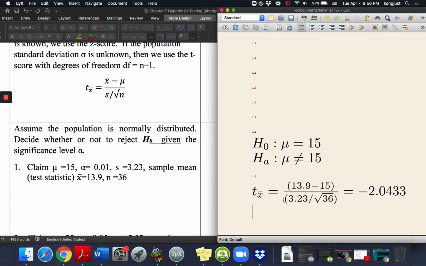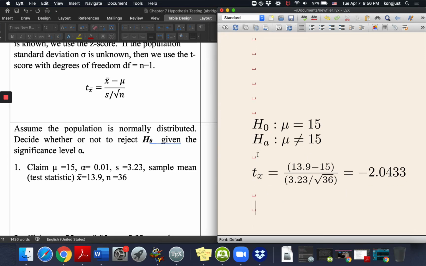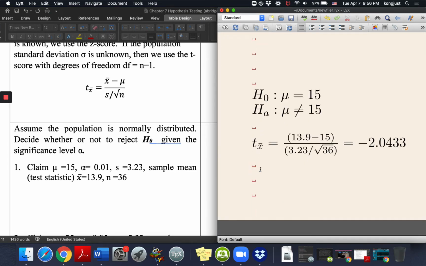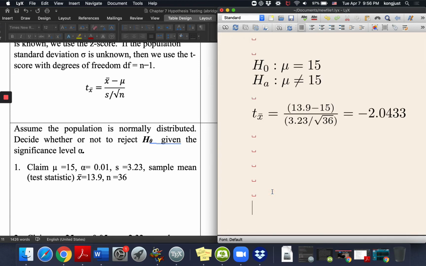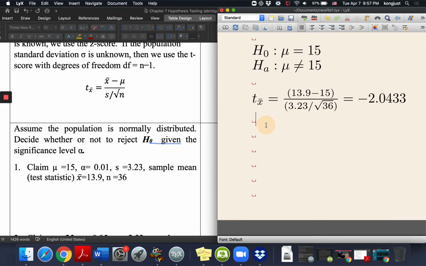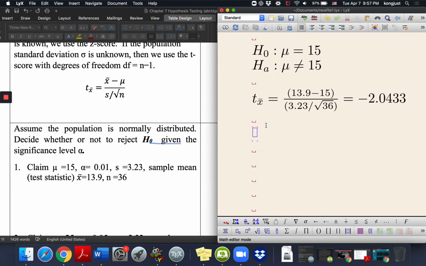From this point on, we approach the question very similarly to the previous section. The only difference is that we calculate the probability using the t-distribution instead of the normal distribution. We do the same thing as back in section 6.3, using tcdf, which is the equivalent of normcdf. You'll find it in the same place as your other distributions. tcdf stands for the t cumulative distribution function.